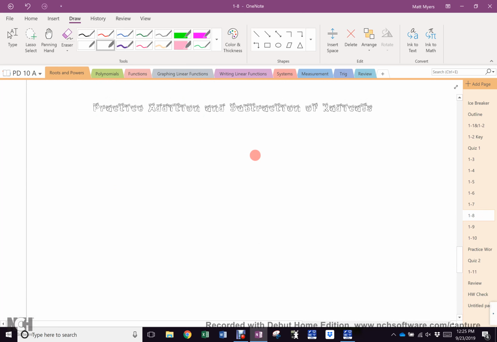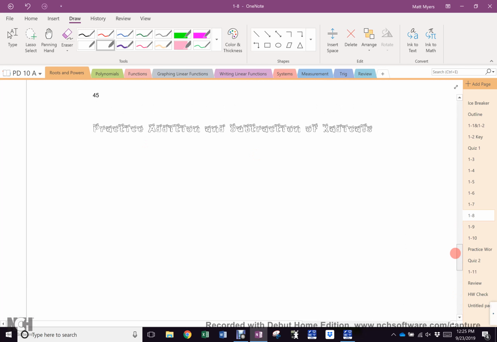When I finish what I am going to do next, I'm going to put some questions on this page, which is page 45, that will allow you to practice some of this. Okay?